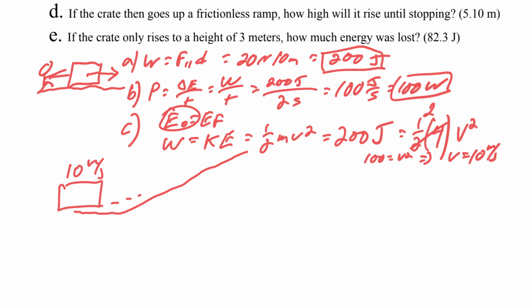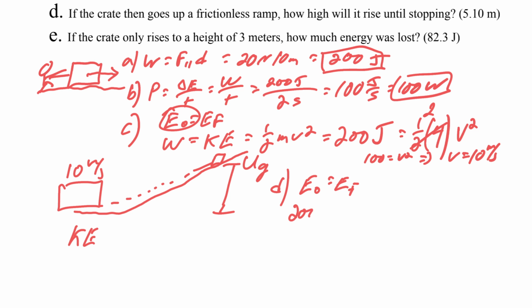We know that as it's rising, it's going to be changing energy type. Down here, we have all kinetic energy, and up here, all that kinetic is going to turn into potential energy. So when we do our initial equals final, the initial energy we already know, we calculated that earlier.